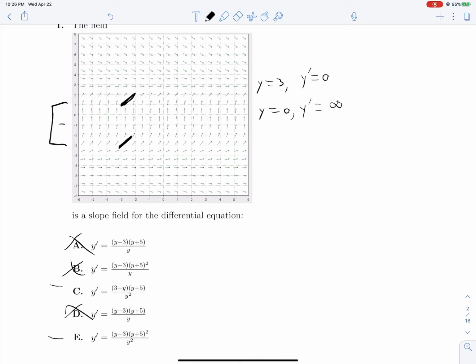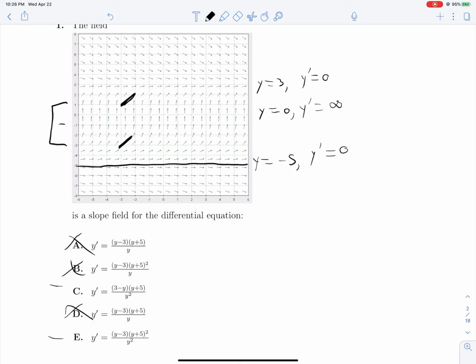And speaking of which, I'm pretty sure C will act exactly the way that we want it to in all other ways. Oh, and I forgot to mention, we do also have down here that y equals -5 is a solution for y prime equals 0. So that is good.